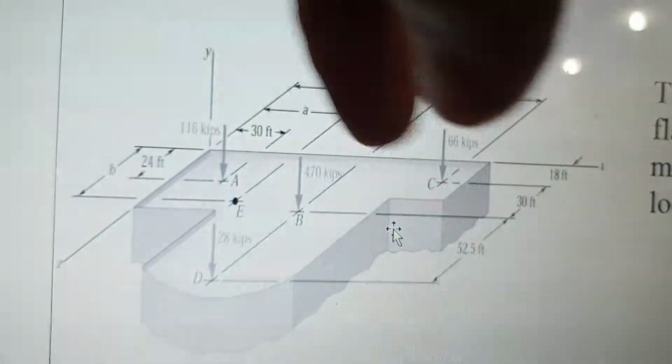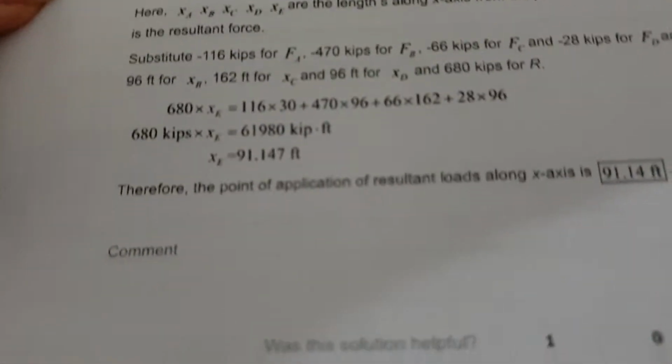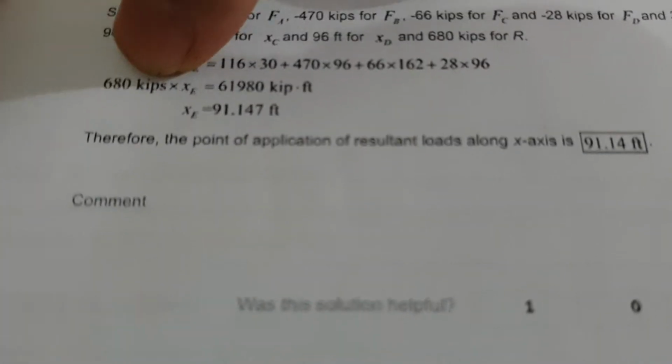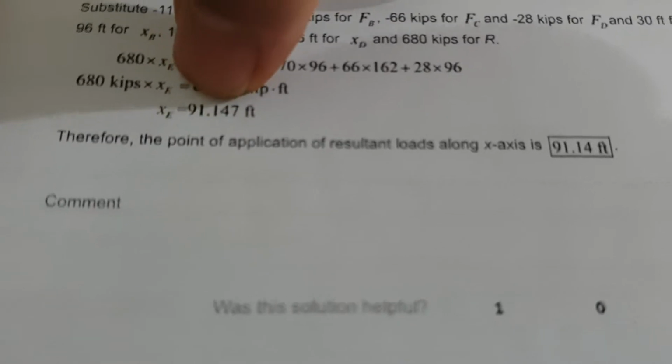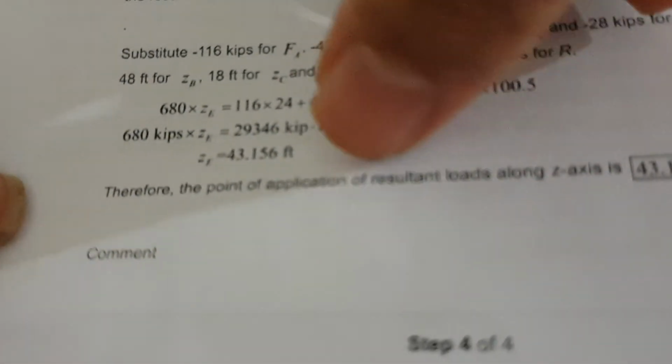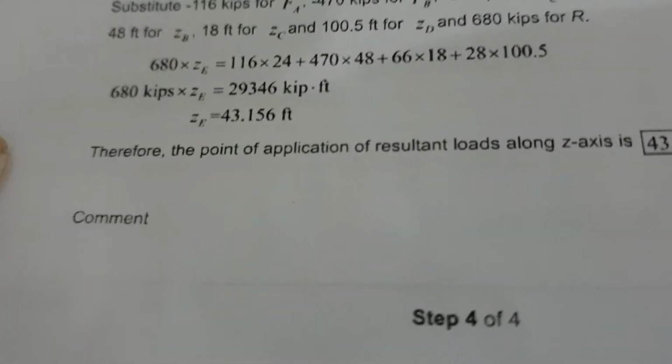Now we found the resultant, and the resultant is going to be with the value of 680 kips, and the resultant in the x-axis is 91.147, on the z-axis 43.156. Okay, thank you.